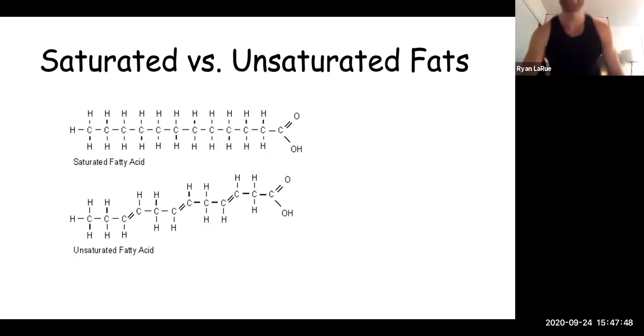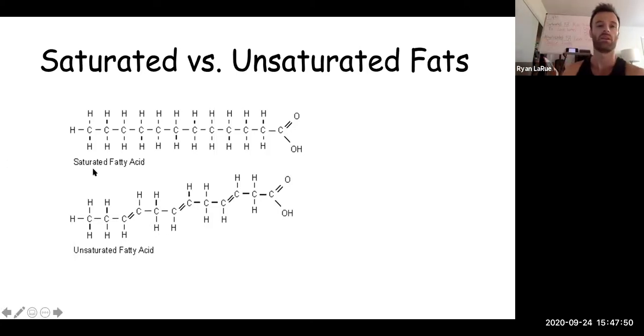And check it out. See how this saturated fat is very straight? This unsaturated fatty acid is not very straight, is it? It has these bends, or what we call kinks in the molecule. And actually, it's because of the double bonds.